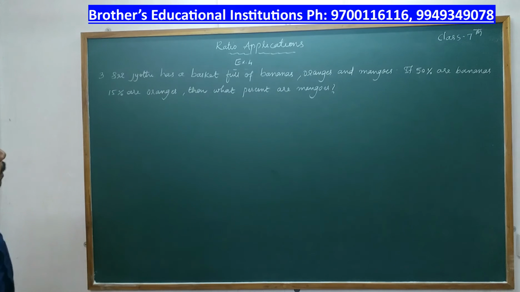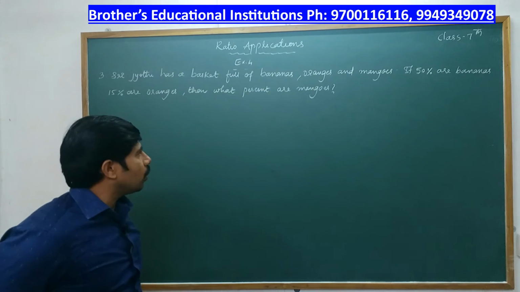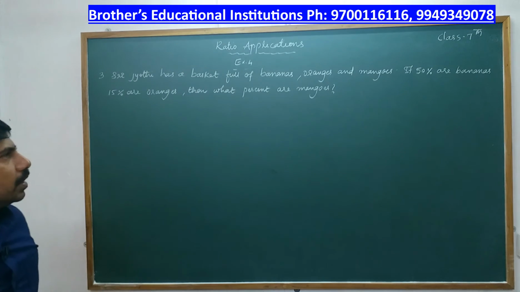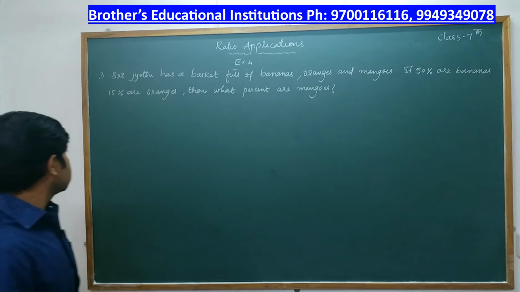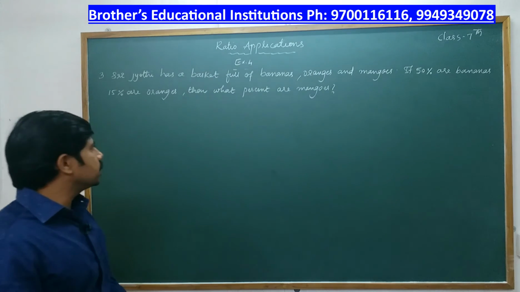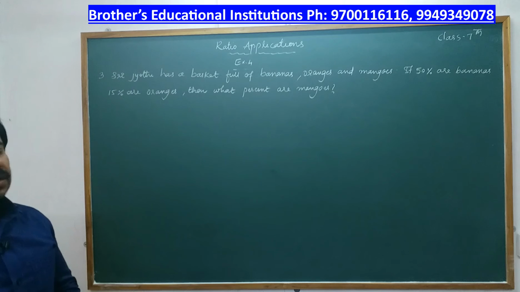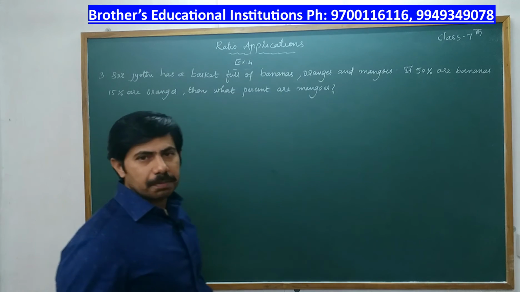Srijyoti has a basket full of bananas, oranges and mangoes. 50% are bananas, 15% are oranges, and what is the percentage of mangoes? Remember, percentage means per 100.